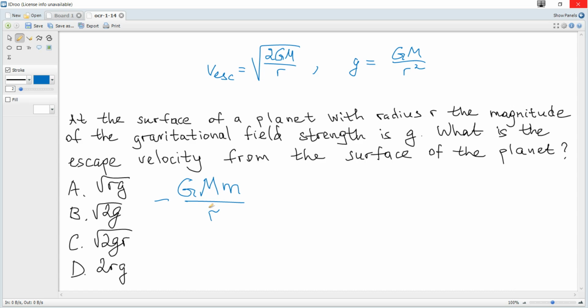At the surface, this distance is equal to the radius of the planet, plus the kinetic energy of the object, and it's mv squared over 2.